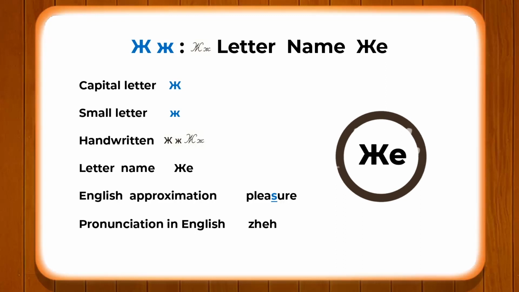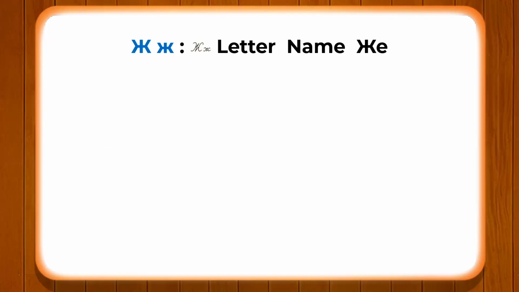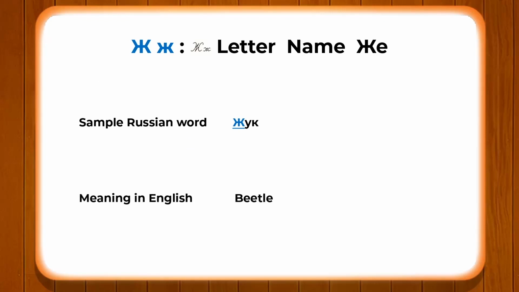The letter is zh, as in the English word pleasure. A sample Russian word is zhuk, which means beetle.